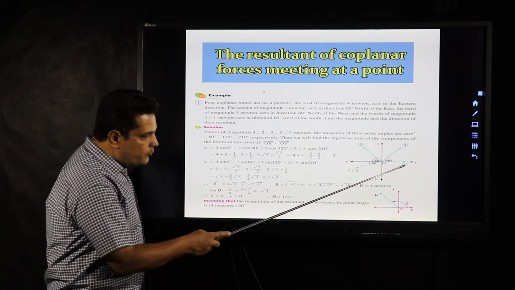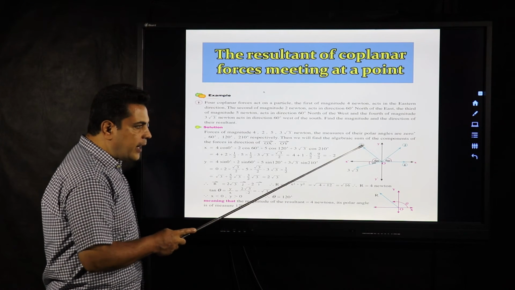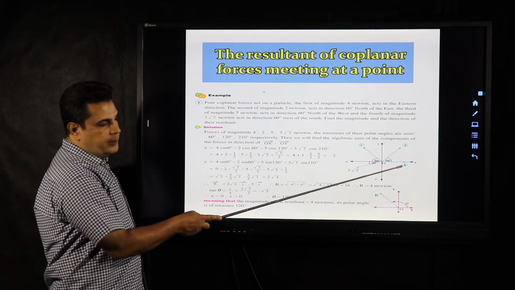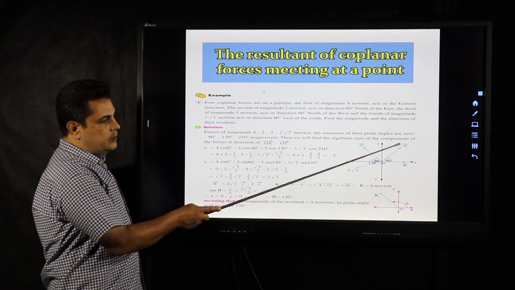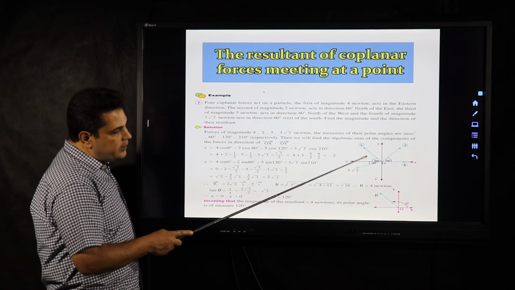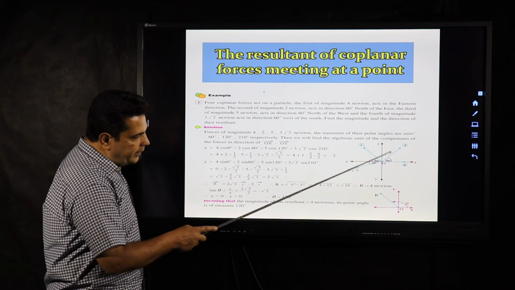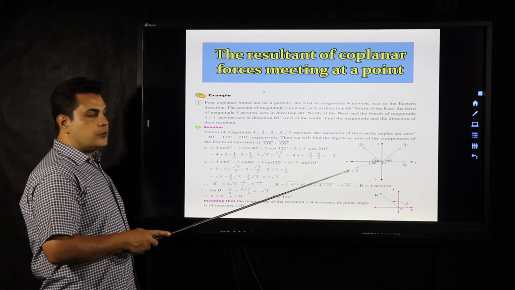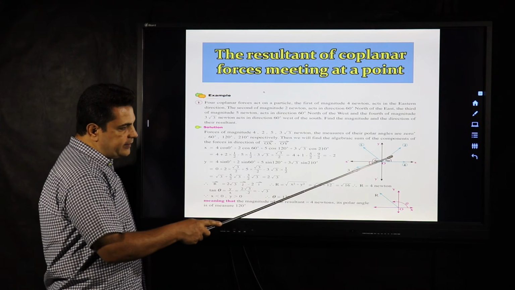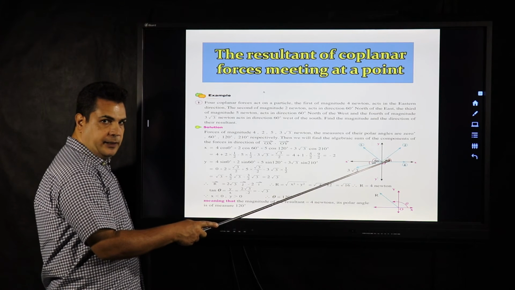Again, the forces are 4, 2, 5, and 3 root 3. The angle for the force 4 is 0, for the force 2 is 60, for 5 is 120, that is 90 plus 30, and for 3 root 3 the angle is 30 plus 180, that equals 210.